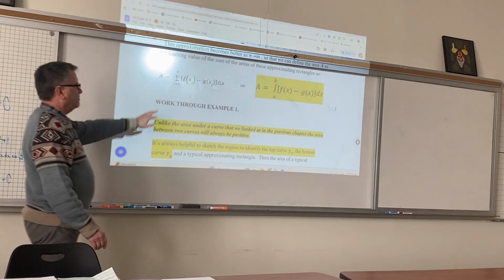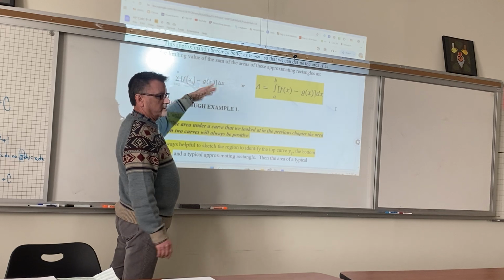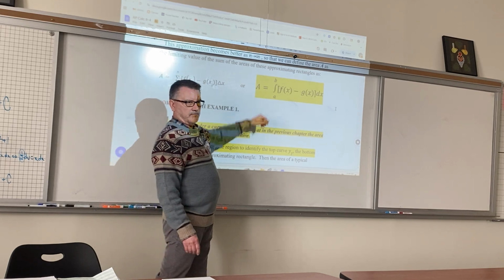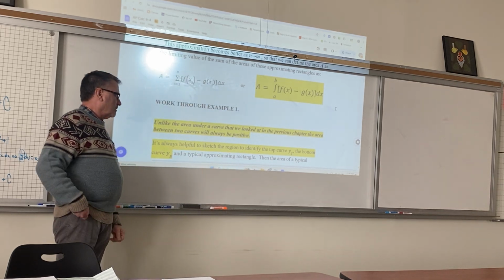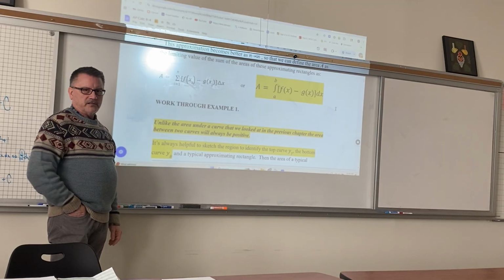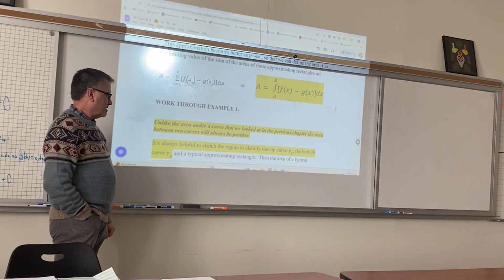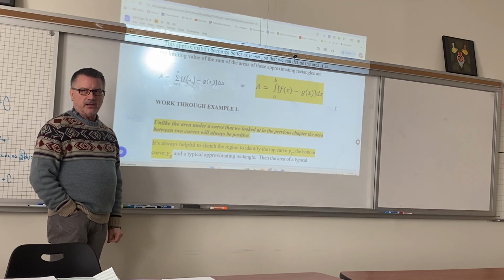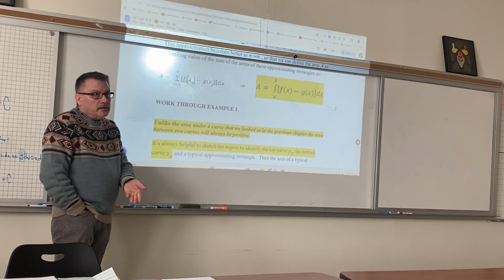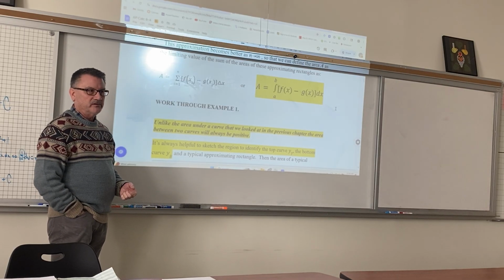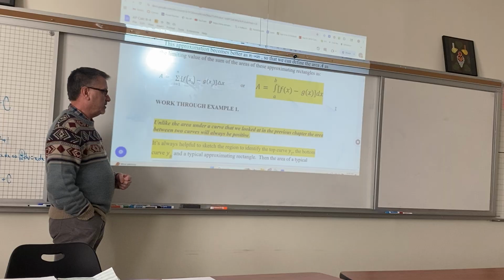Hey, we're not going to add up all the rectangles. We're going to do this. And it's always going to give me a positive area. I don't have to add anything back. If they ask me, hey, what's the area in between? You're going to get the area in between. You're not going to get part of the area in between.